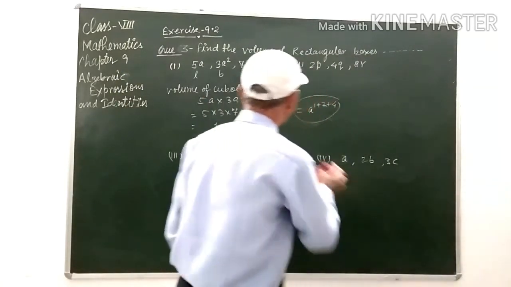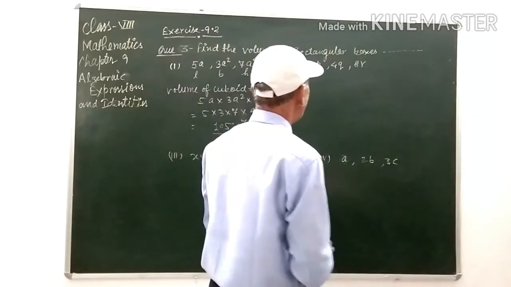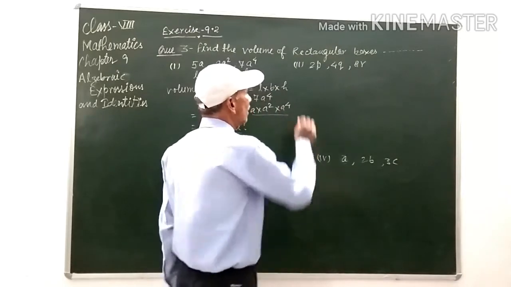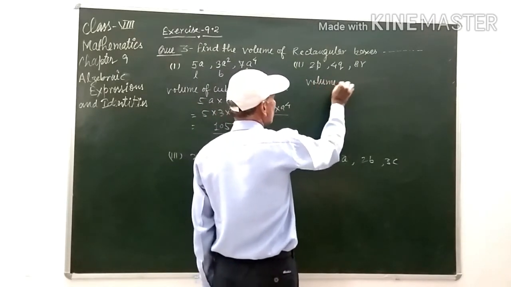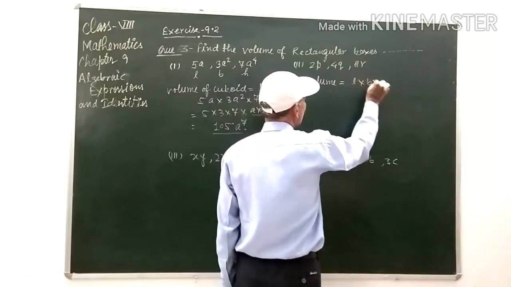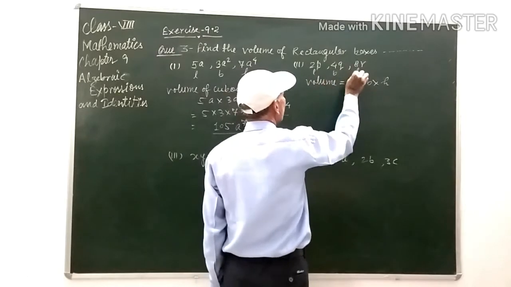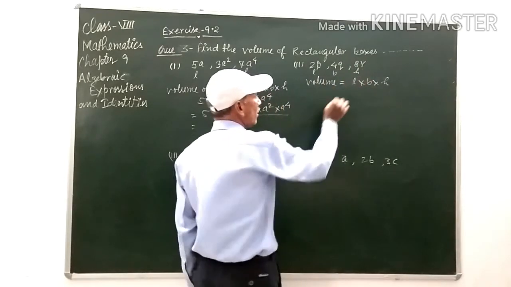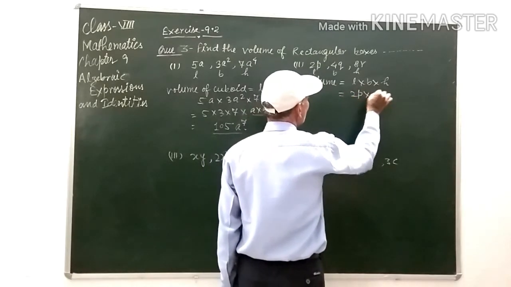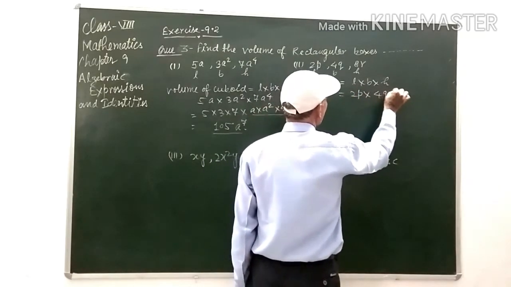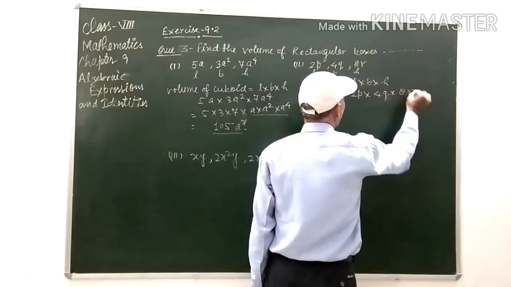Clear student? So now second part of this question, volume is equal to L into B into H. This one L, B and H. Clear student? So this one 2P into 4Q into 8R.